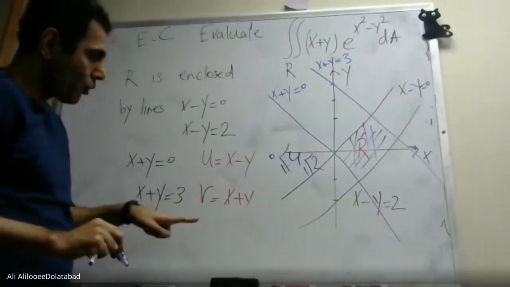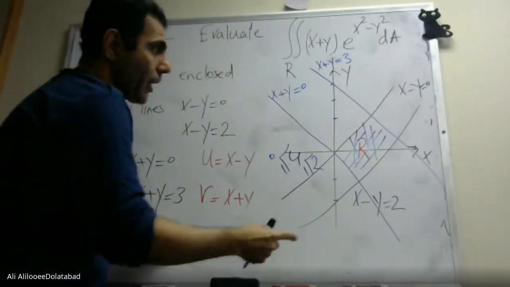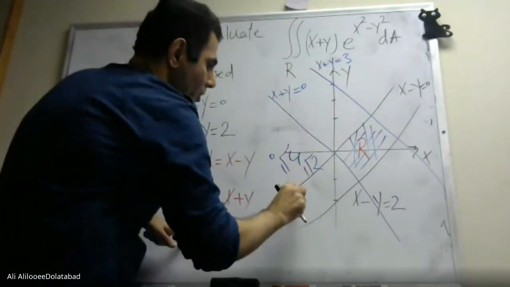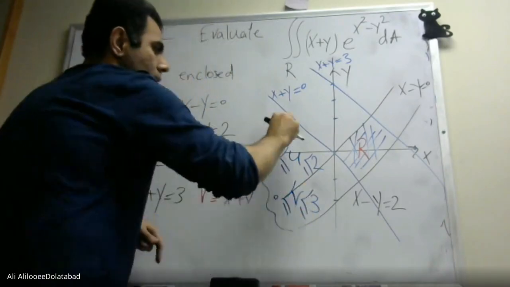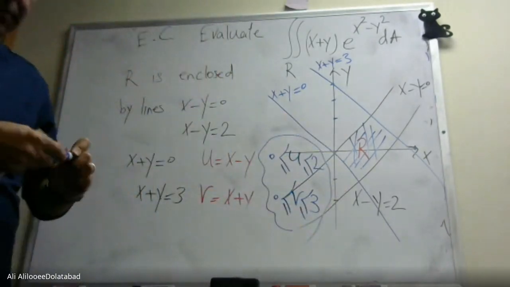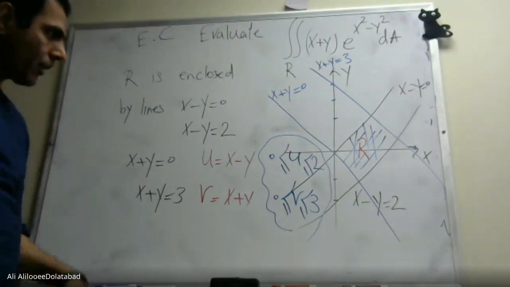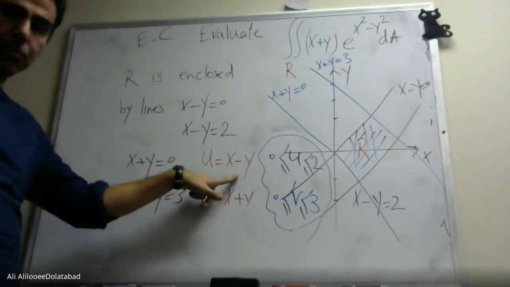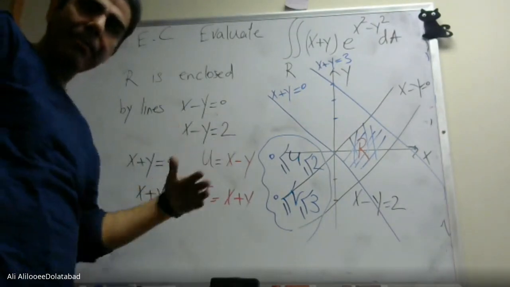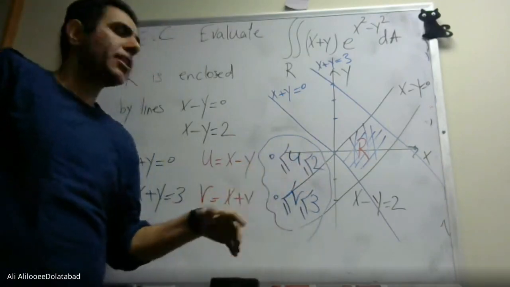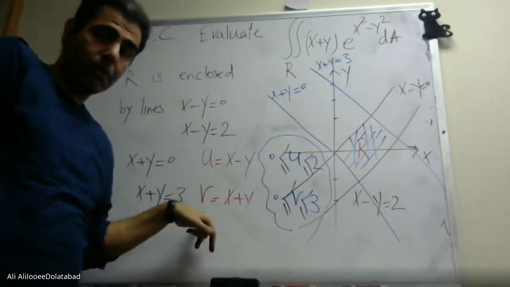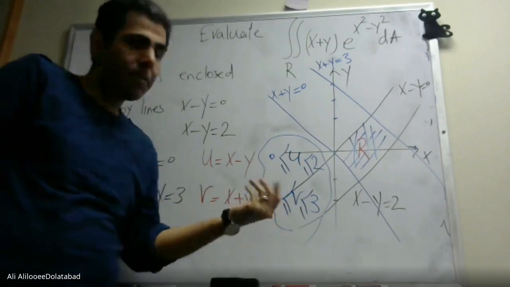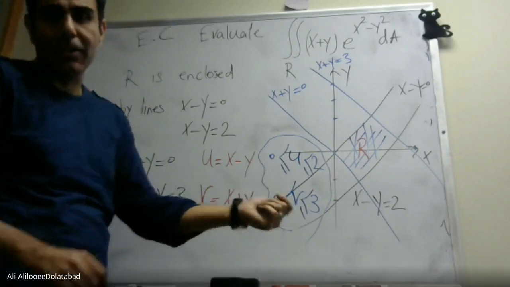And if you define x plus y as v, because x plus y is between 0 and 3, you can say the bound for v is between 0 and 3. Then what is that? It is a rectangle.